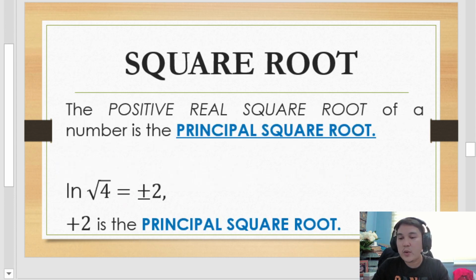The positive real square root of a number is the principal square root. So in square root of 4 equals positive and negative 2, positive 2 is the principal square root.